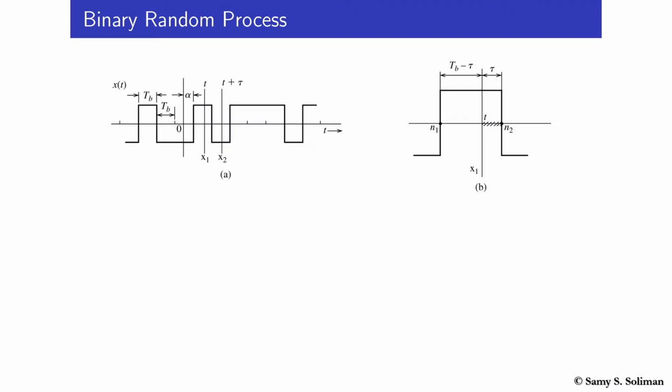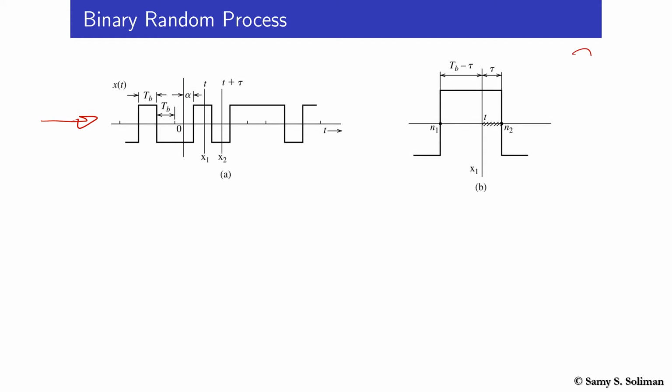As we can see here, we have a stream of pulses. These pulses alternate between positive A and negative A, and such alternation occurs at a rate of TB. There are no transitions except after TB. This is the bit duration because we have non-return to zero signaling. However, the origin arbitrarily can fall within any bit duration.